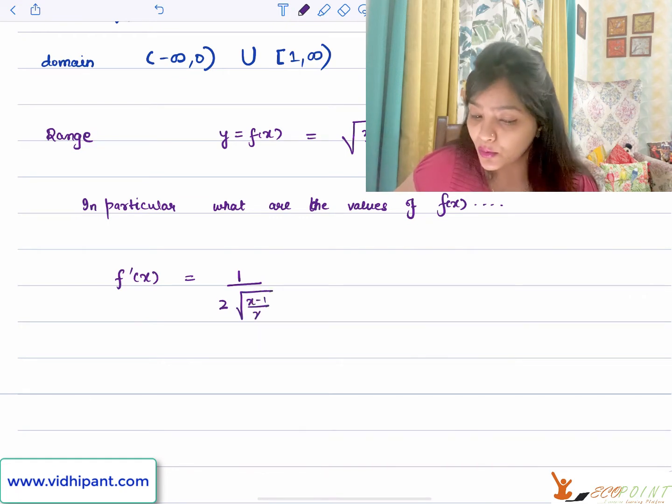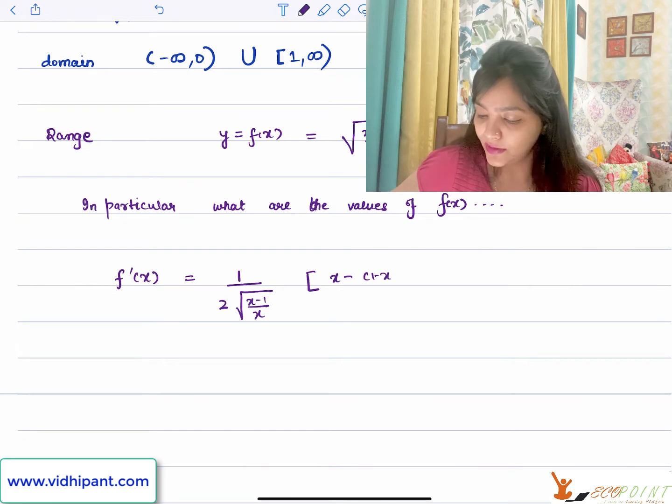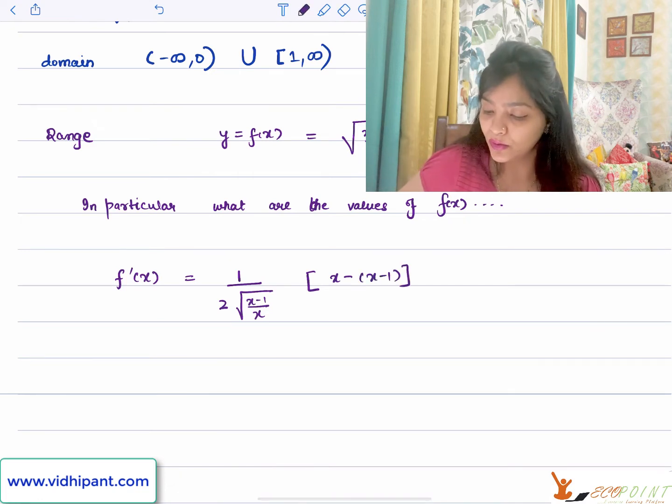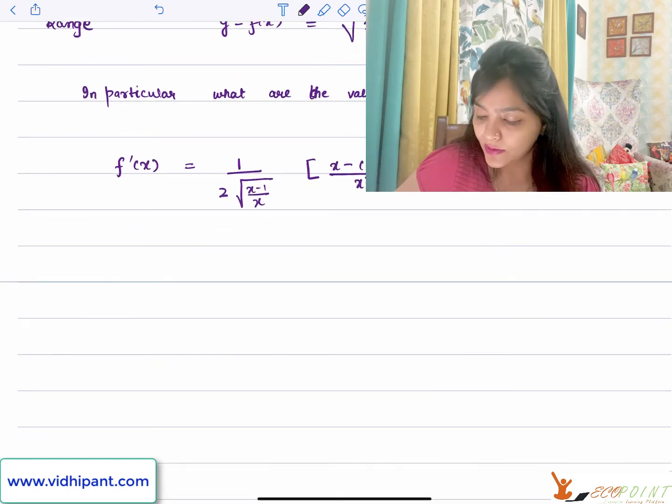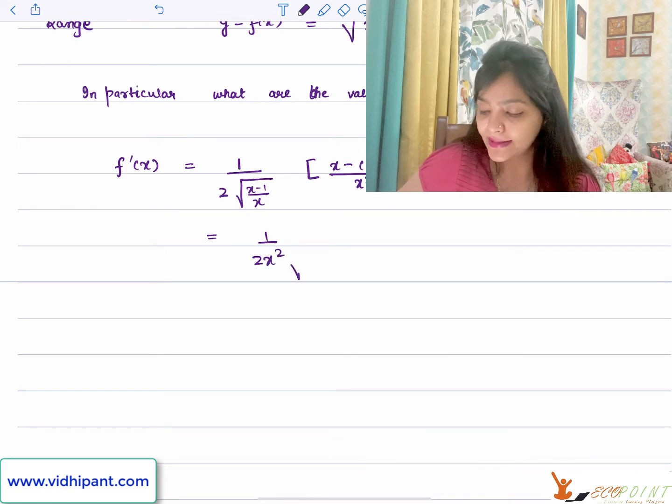You'll have to use the chain rule. So it's going to be (x minus (x minus 1)) upon x square using the quotient rule. So x cancels, and what you get is 1 upon 2 x square root of (x minus 1) upon x.